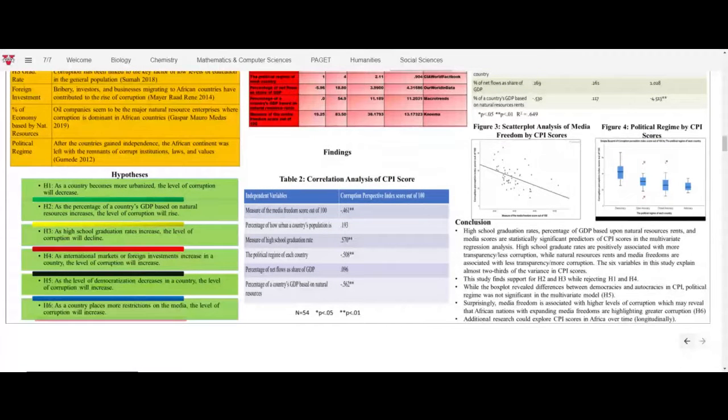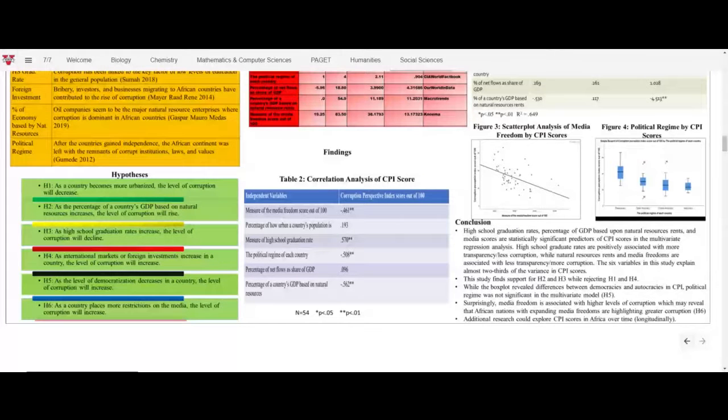The high school graduation rate was statistically significant as a positive predictor, meaning that the higher the graduation rate, the less corrupt the country was. While media freedom and the GDP by natural resources were statistically significant as negative predictors, which means that the more a country depends on its primary natural resource and the less media freedom the country has, the more corrupt the country is going to be.